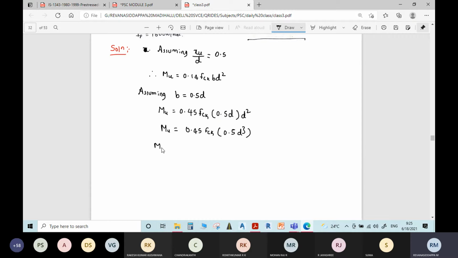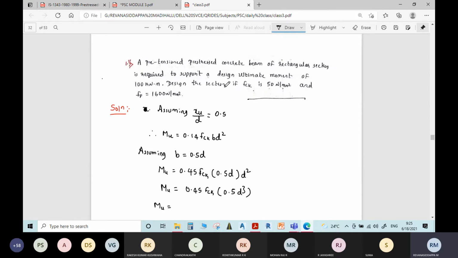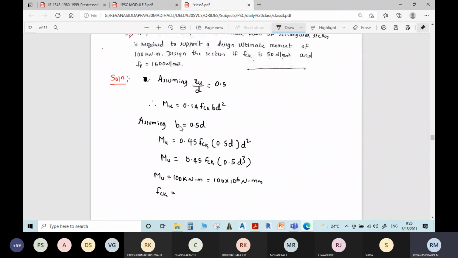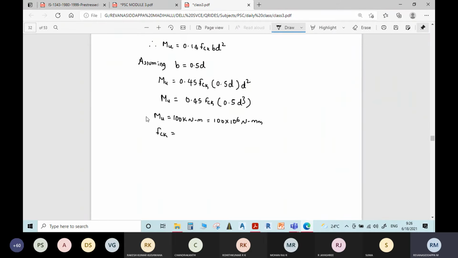The ultimate moment of resistance for which the beam has to be designed is given in the problem. It is 100 kilonewton meter, 100 into 10 power 6 Newton millimeter. And grade of concrete is given in the problem, it is 50 Newton per mm square.